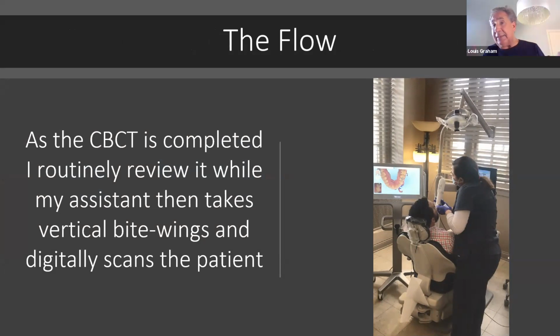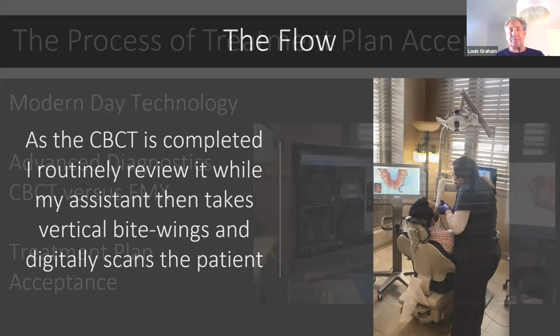But if I don't see anything, routinely, I just don't send it out. I feel I'm very comfortable reading these cone beams. But if I see pathology, and you will see pathology and you need help, you'll send it out to a service. They charge $85. I charge the patient $85.